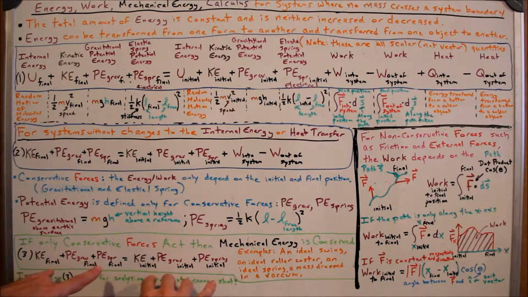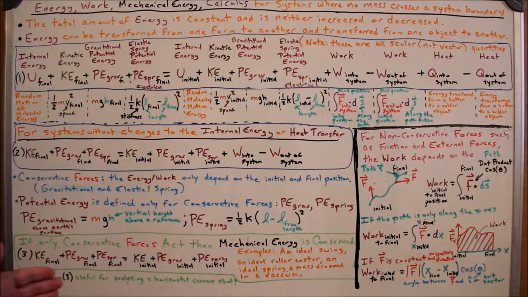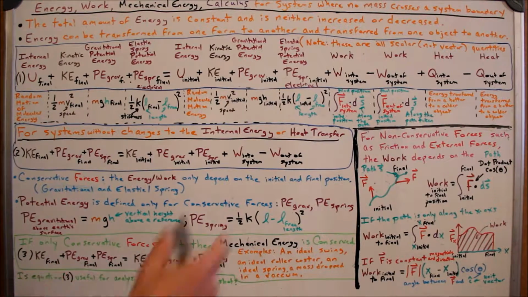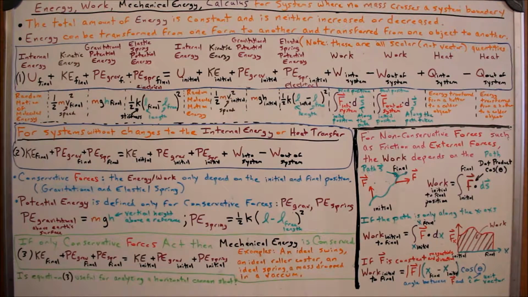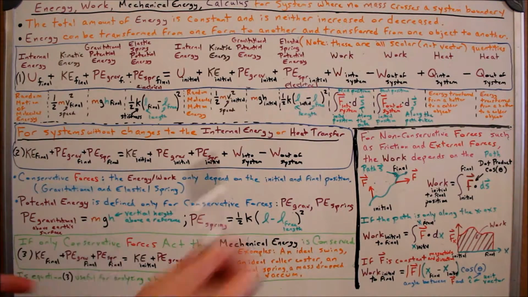These are mechanical energy terms, but be very careful, you should never just write down that equation. You should only do that when you know the assumptions you've made: conservative forces are acting, no work into or out of the system, no heat transfer out of the system, and no change in internal energy. That's the only time this is true.